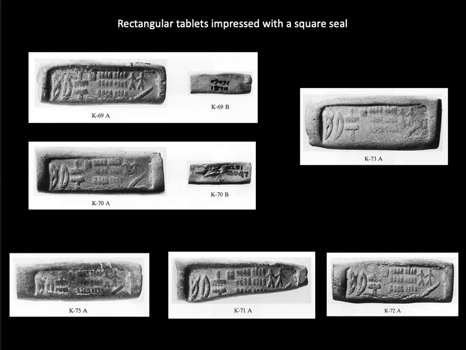And we see the same thing happening here, where obviously whoever was making this rectangular tablet was more interested in preserving the inscription on this unicorn seal than on the figure of the unicorn itself. Just having the top of the horn appears to have been enough.